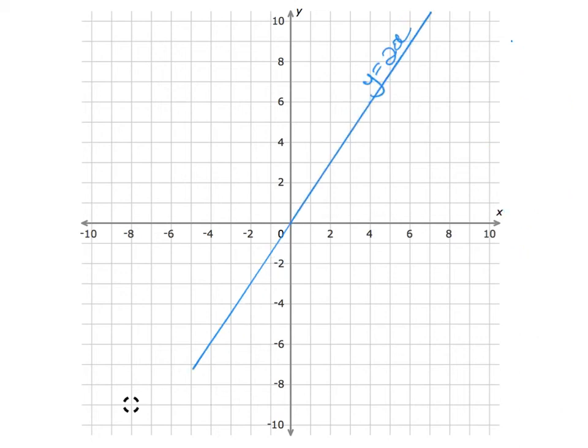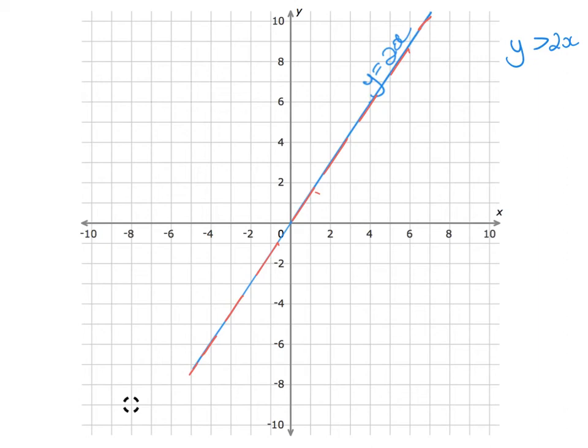So if I want to do y is more than 2x, then instead of a solid line, I would have to have a broken line. So I would not have a solid line, I would have the broken line. And now I need to know which side to shade.